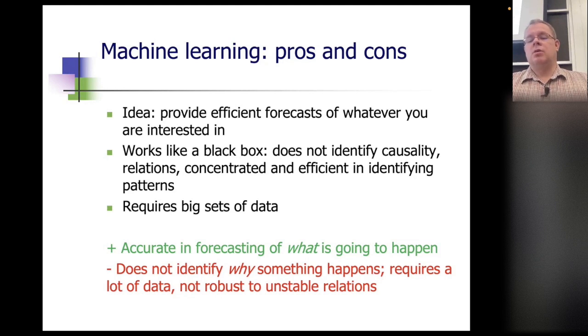So you need more data for that. You also are not really able to identify what is going to happen if something really changes. For example, suppose that the external conditions turn, that for example, we start having crises around the world. Your machine learning tools, which used to be very efficient in forecasting whether a person will pay back a loan or not, are not going to work that well anymore.